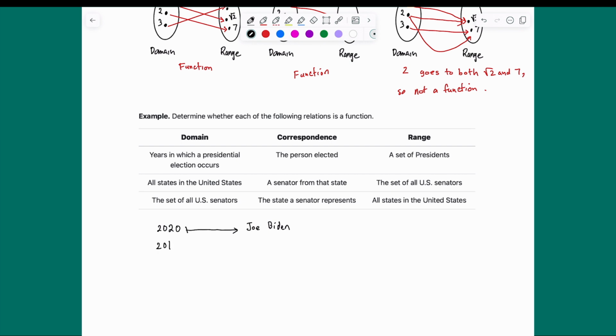Likewise, the year 2016 would get mapped to Donald Trump. Another example, in 2008, President Barack Obama was elected. So this particular correspondence appears to be a function.